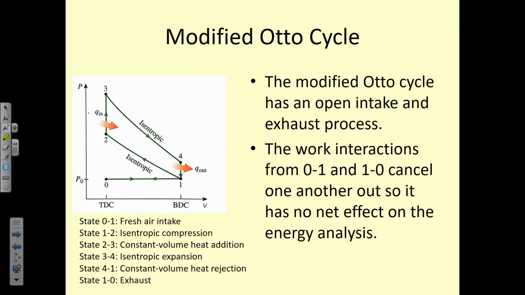But if we needed to model what happens as we intake and exhaust, then we could use the modified Otto cycle. We'd still get the same net work output though, so really there's not a reason to do it this way when you're looking at just energy terms. The only exception would be if you needed to know exactly what happens during intake and exhaust or how long it takes or something like that.